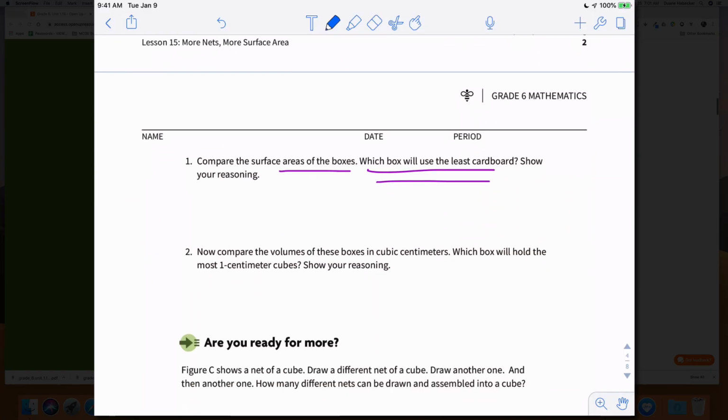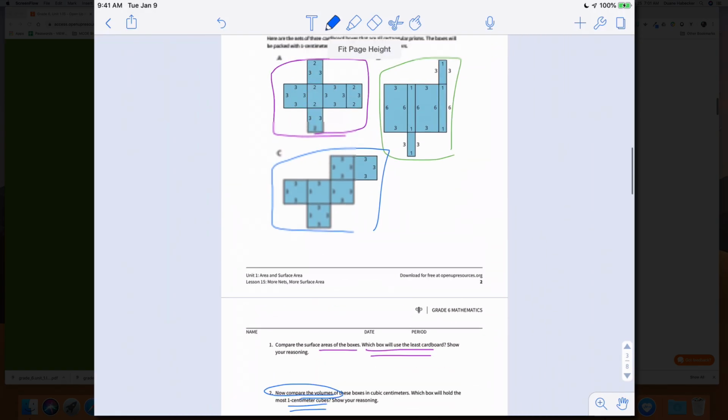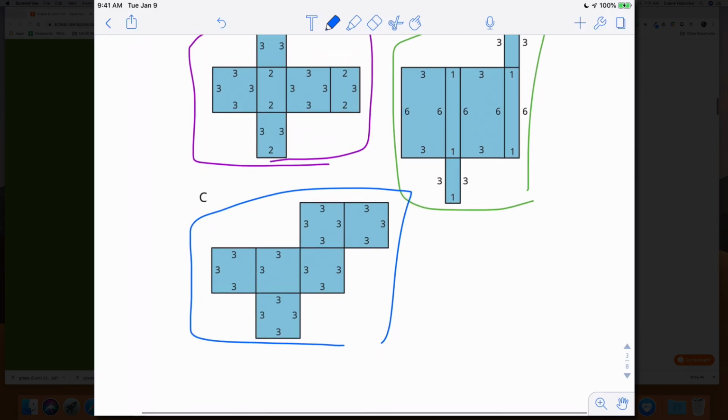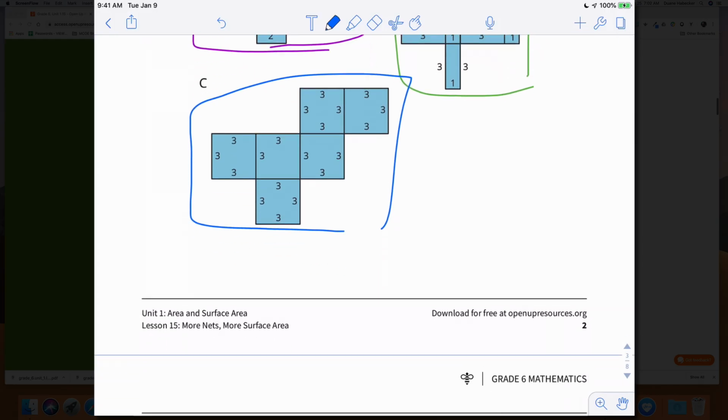But then question 2, we're going to push into volume right here because we're going to talk about, well, which box will hold the most centimeter cubes. So this is a little forward thinking as we talk about volume. Although, to be honest, students in 5th grade were already talking about volume, so this should not be terribly a stretch. We just haven't really gone into depth about volume this year yet.